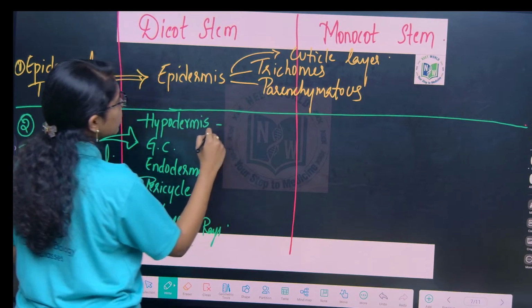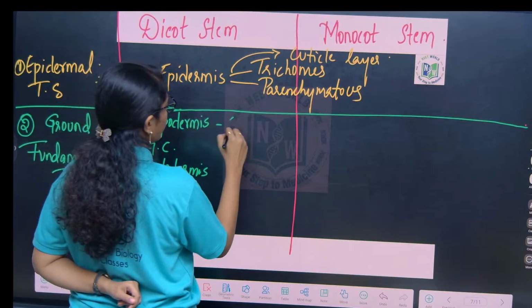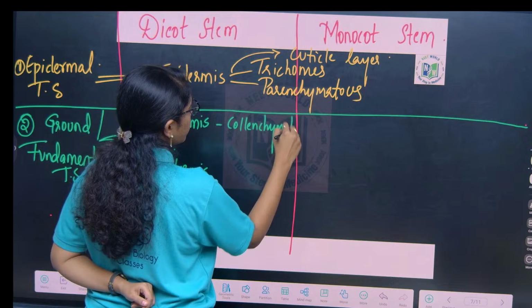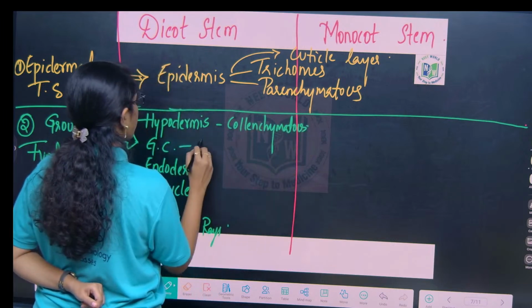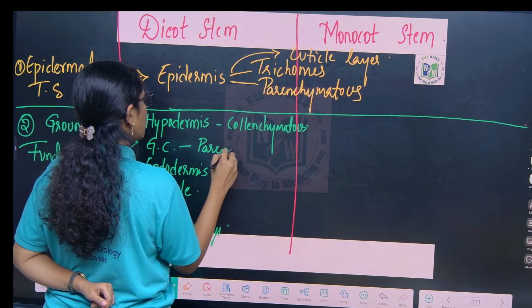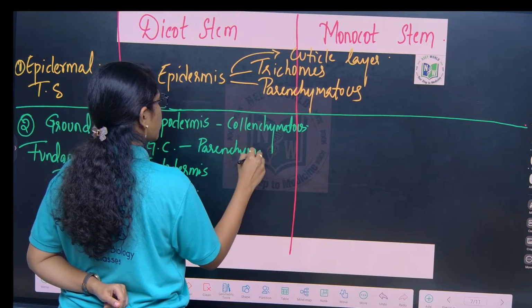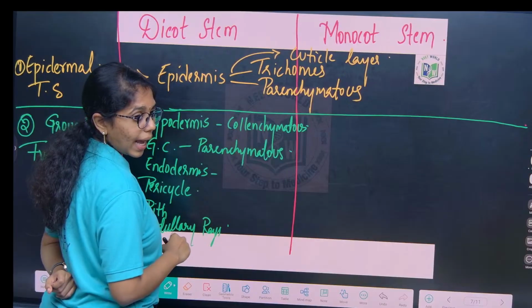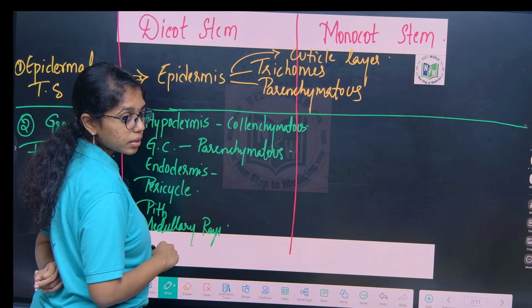Endodermis has what sheath? Starch sheath.